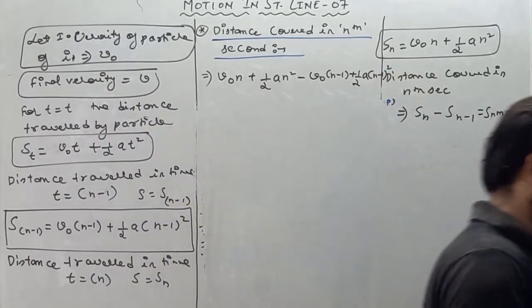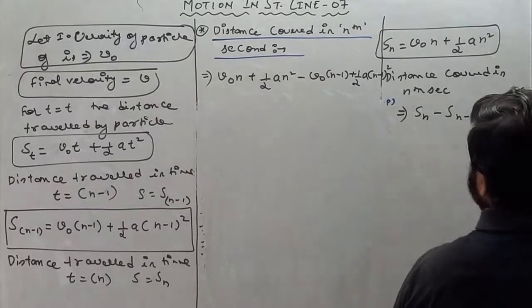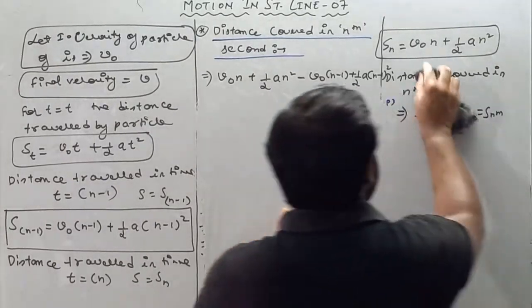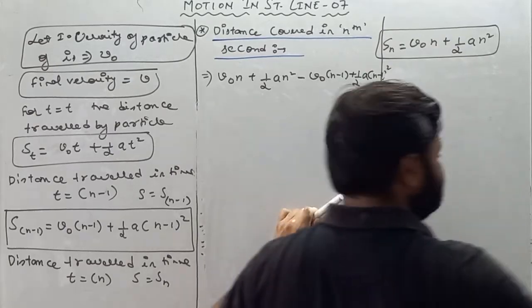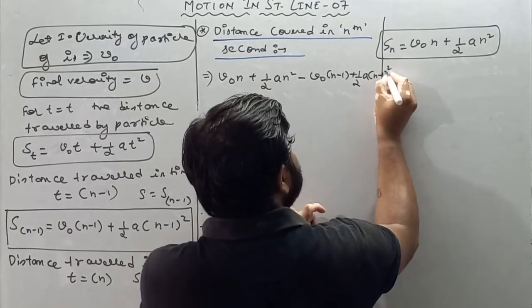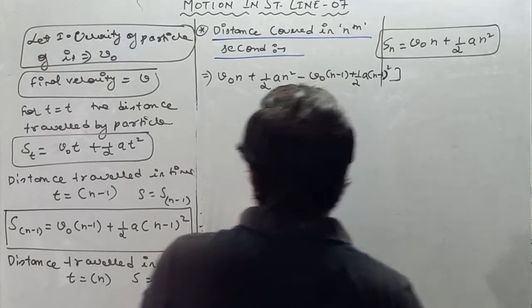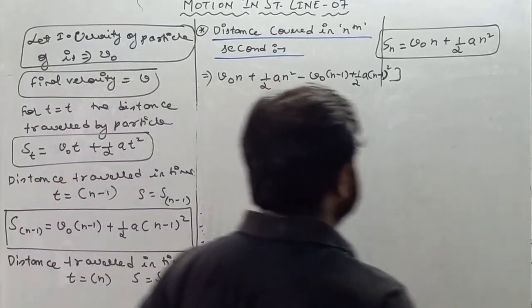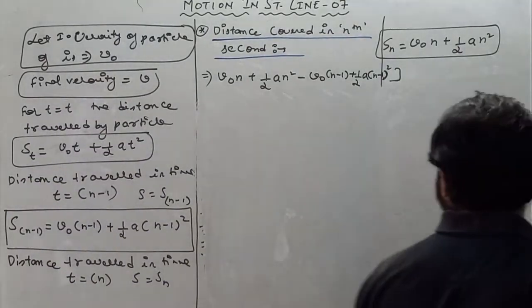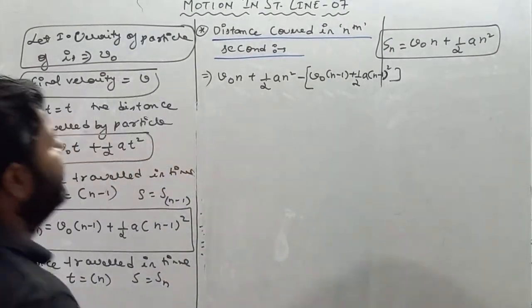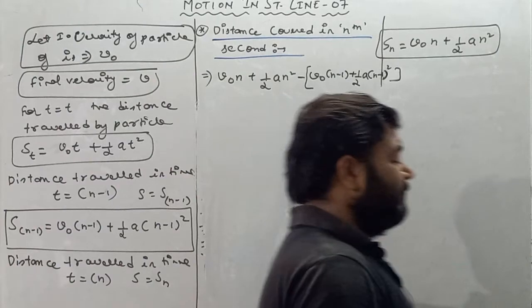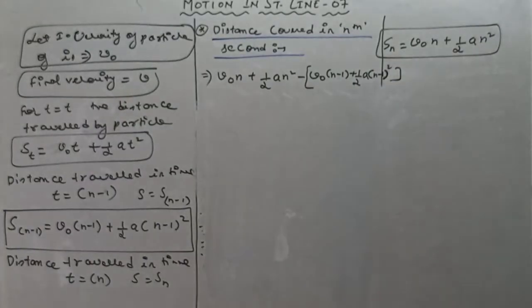I hope you all are getting my point. What I am doing is basically Sn minus S n minus 1. Now I will simplify this equation.